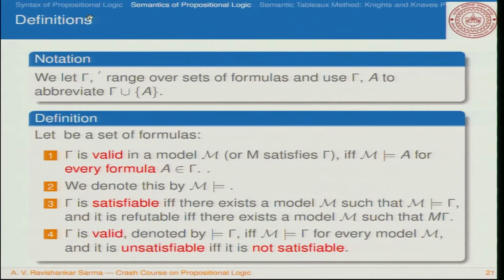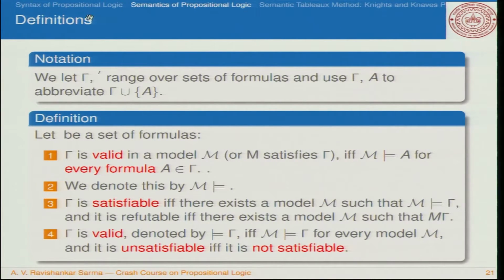If that is the case, then gamma is said to be valid in any given model M. That means M satisfies gamma if and only if A is considered to be a logical consequence in that model M. It happens for every formula A which exists in a given set of formulas gamma.